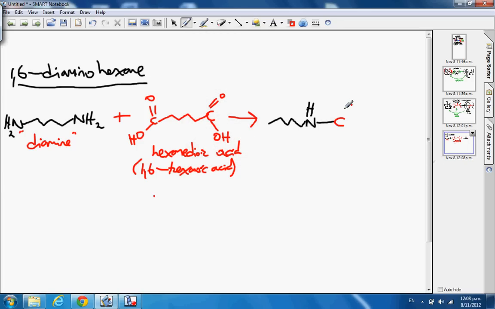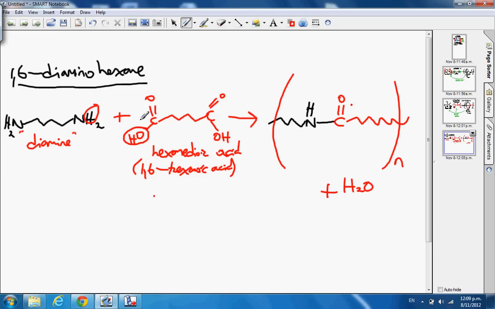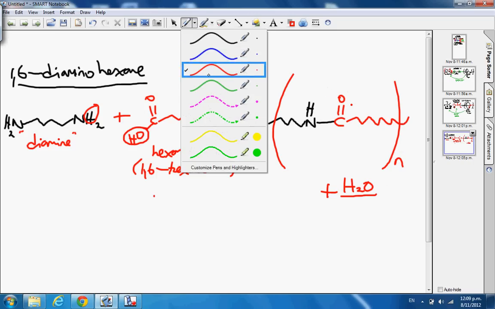So the carbon is going to be here, and then you're going to have the remainder of the molecule, repeating itself, and also the loss of water in this case. The water is going to come from the loss of 1 hydrogen from here, and then an OH group from there. That's your water.